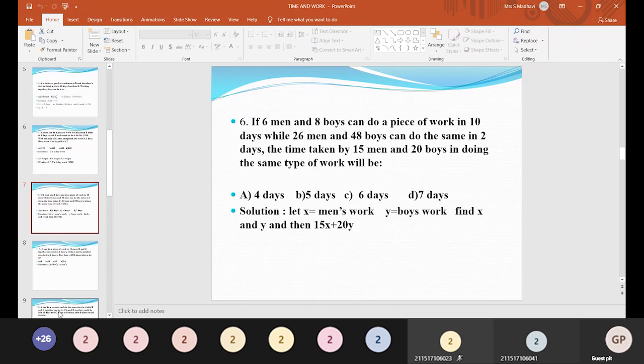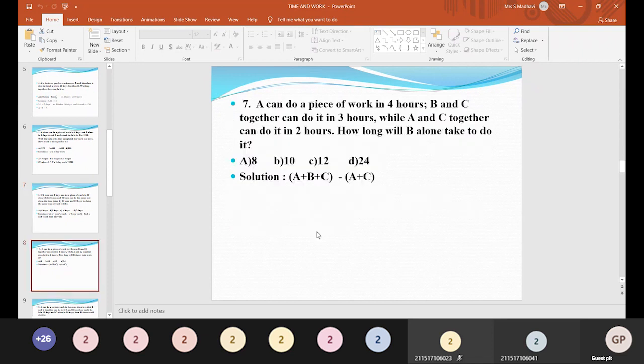So the 15 men and 20 boys can do 1 by 4 of the job in 1 day. To calculate the number of days, we take the reciprocal of this. So 15 men and 20 boys can complete it in 4 days.